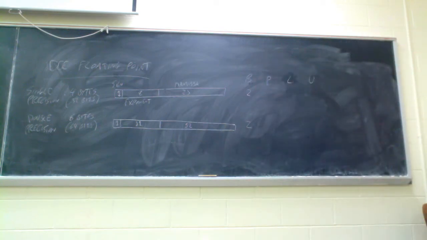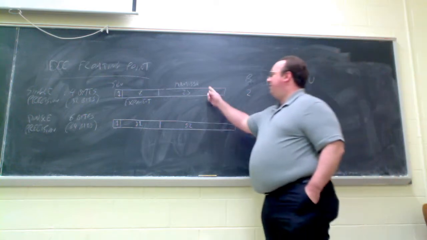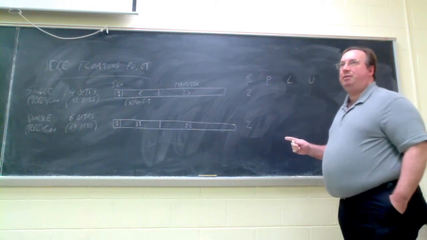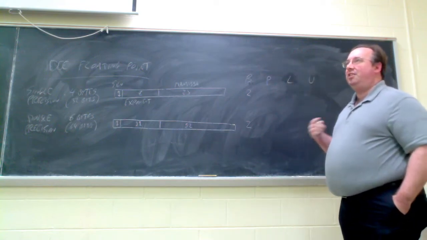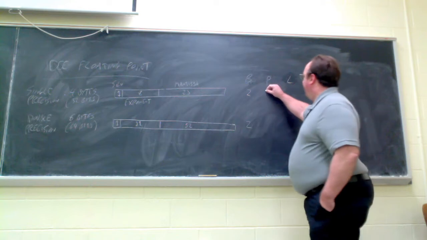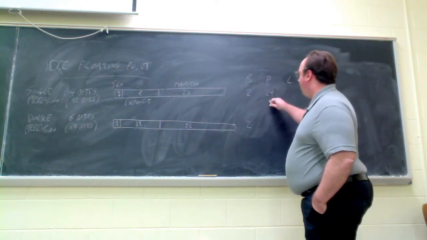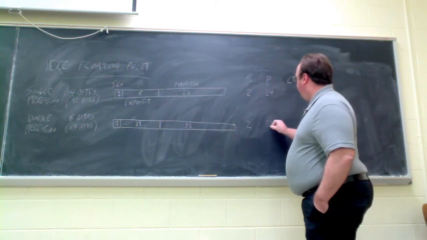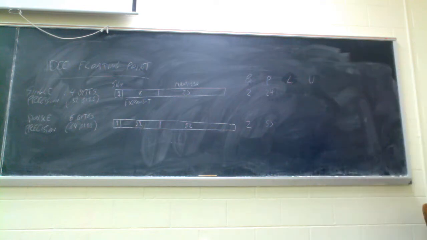And then for the precision, you would think that it's simply the number of bits allocated for the mantissa, but for reasons that I'll explain later, it's actually 1 greater than that. So 24 bits here, and then 53 binary digits for double precision.